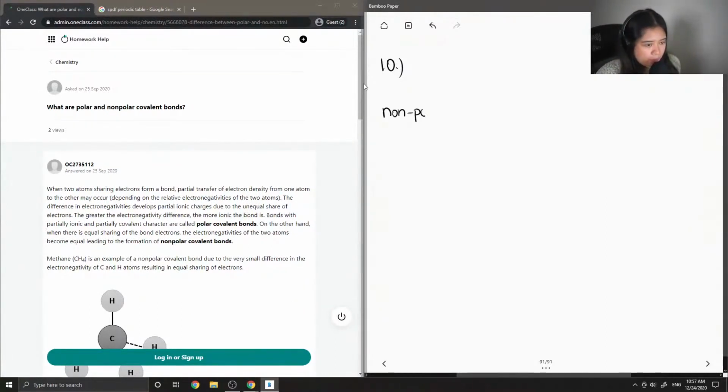So non-polar covalent bonds, I'll just write it as CB. This is when your two atoms have equal or similar electronegativity values.